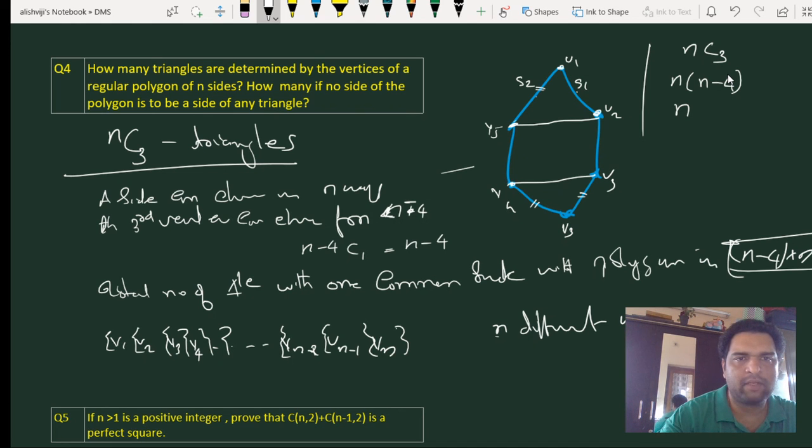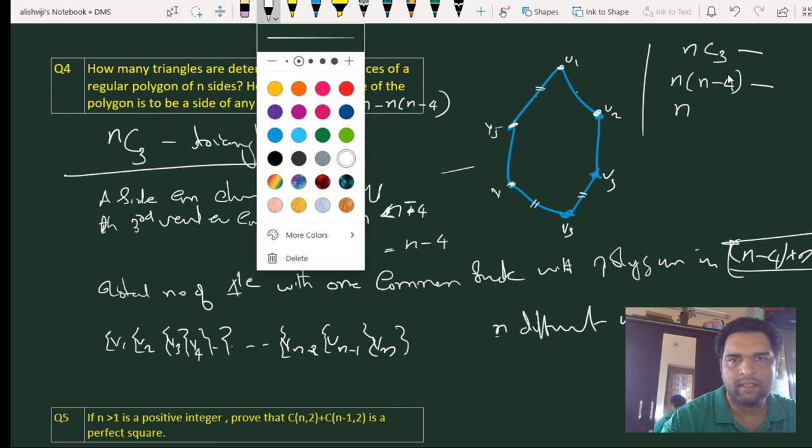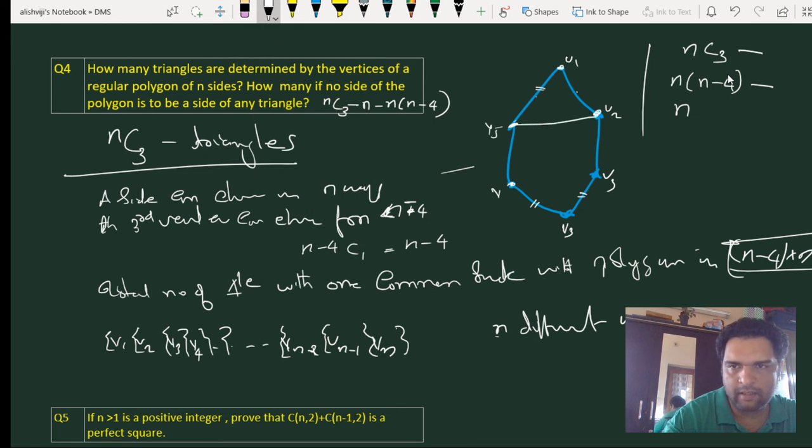And the triangles with no sides common to the polygon is given by nC3 minus n into n minus 4 minus n. So that's the number of triangles with no sides common to the given polygon, that is nC3 minus n into n minus 4 minus n. Here we count the triangles which have no sides common to the given polygon.